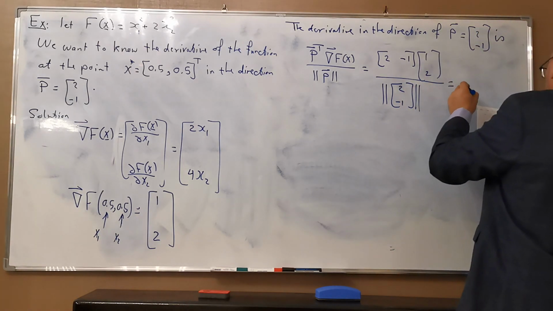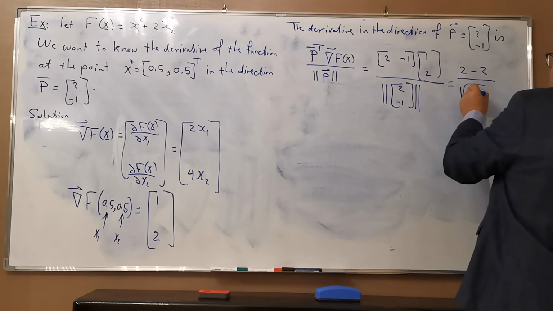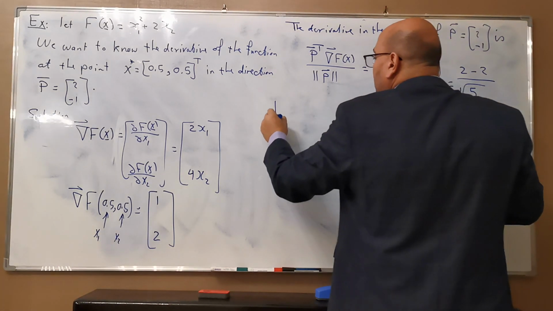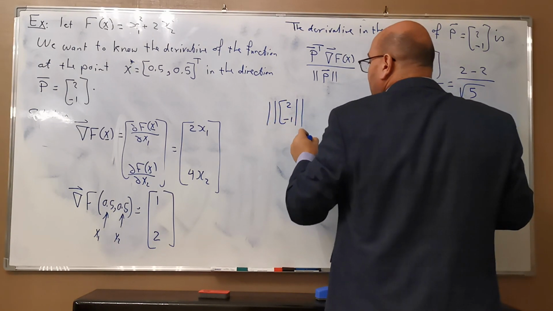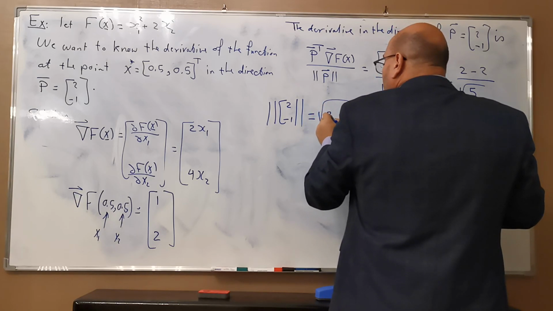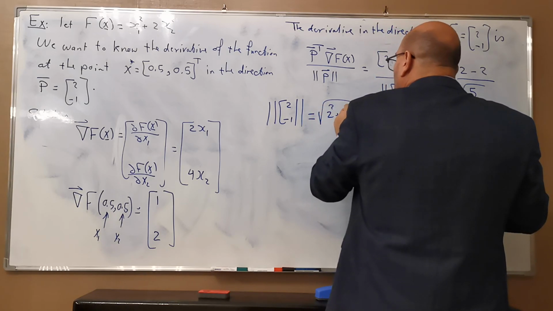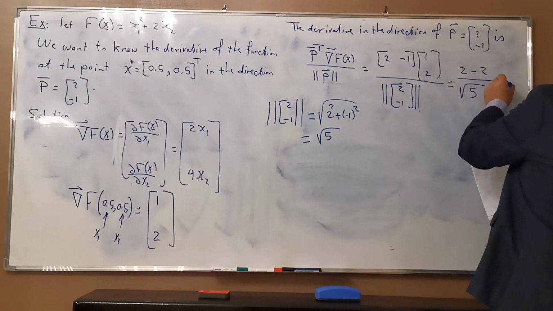This equals 2 minus 2 divided by the square root of 5. The magnitude of 2 and minus 1, the second order norm, is the square root of 2 squared plus minus 1 squared, which is the square root of 5. So this is equal to 0.